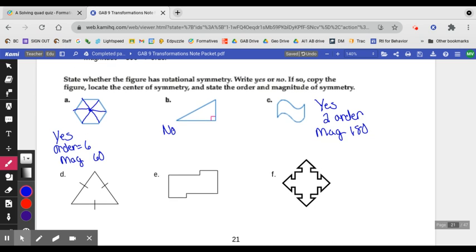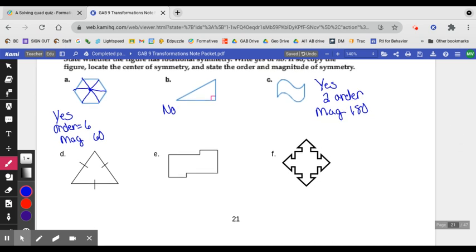Letter D is labeled an equilateral triangle. So yes, order is 3. And then the magnitude equals 120 because it's 360 divided by 3. Letter E, yes.